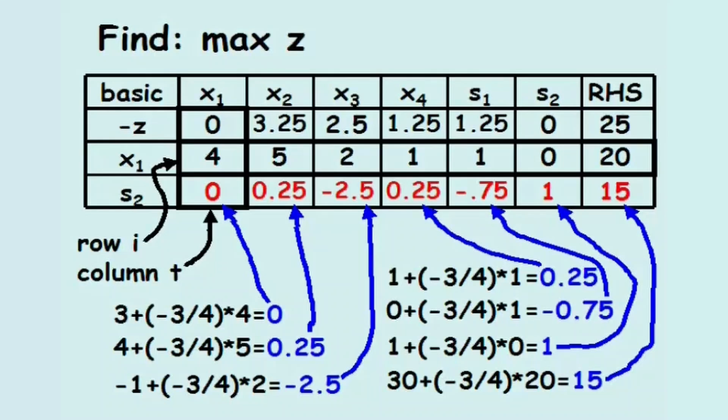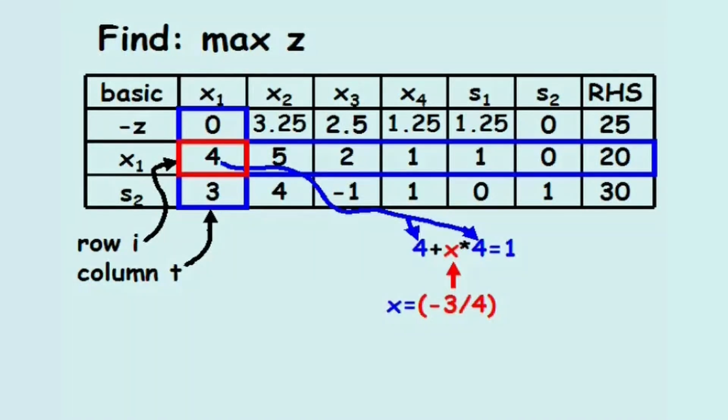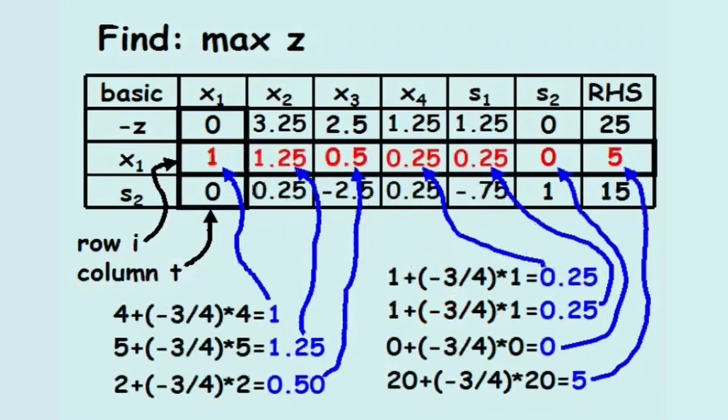Lastly, row i is also multiplied by 1/4, such that the pivot element in row i, column t, equals 1. This value of 1 is part of the identity matrix required for the tableau in canonical form. The numbers are updated, and the pivot is complete.